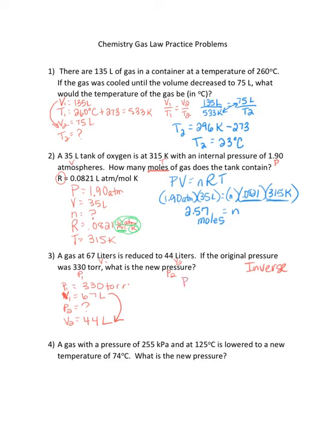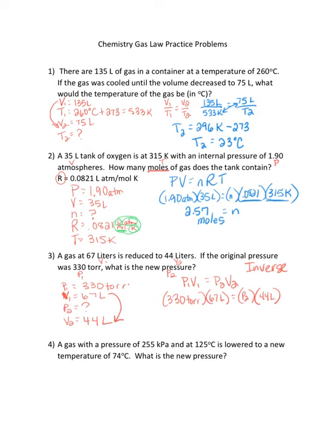Boyle's law is P1 V1 equals P2 V2. P1 is 330 torr. V1 is 67 liters. P2 is what we're solving for, and V2 is 44 liters.